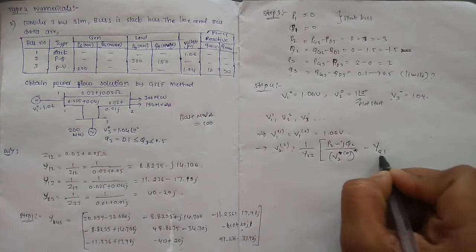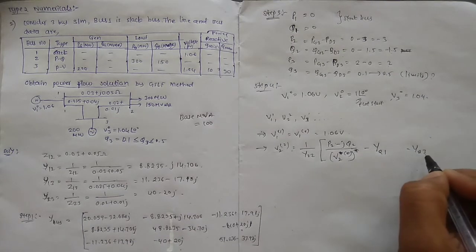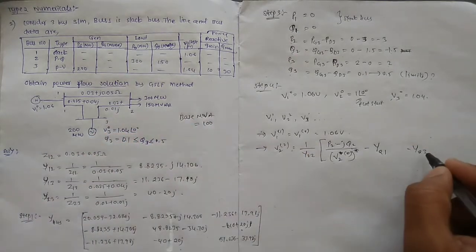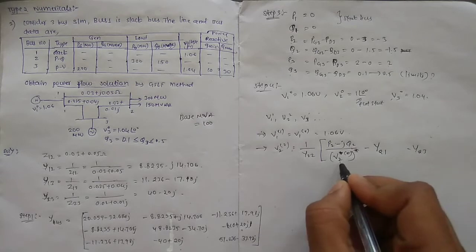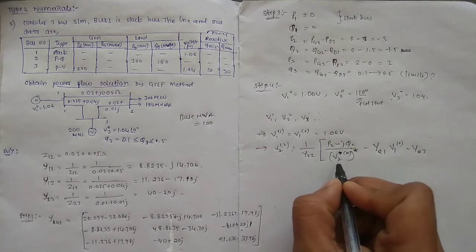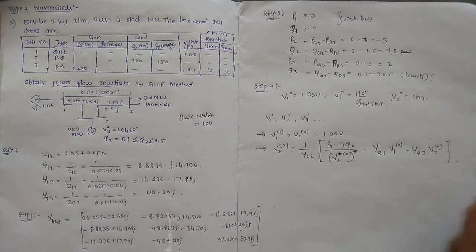Initially Y21 and Y22 we already wrote, therefore next Y23 remains. Y24 we don't have, since we don't have bus 4. Therefore you write V1(0), V2(0) is already there here, therefore you write V3(0), close the bracket.